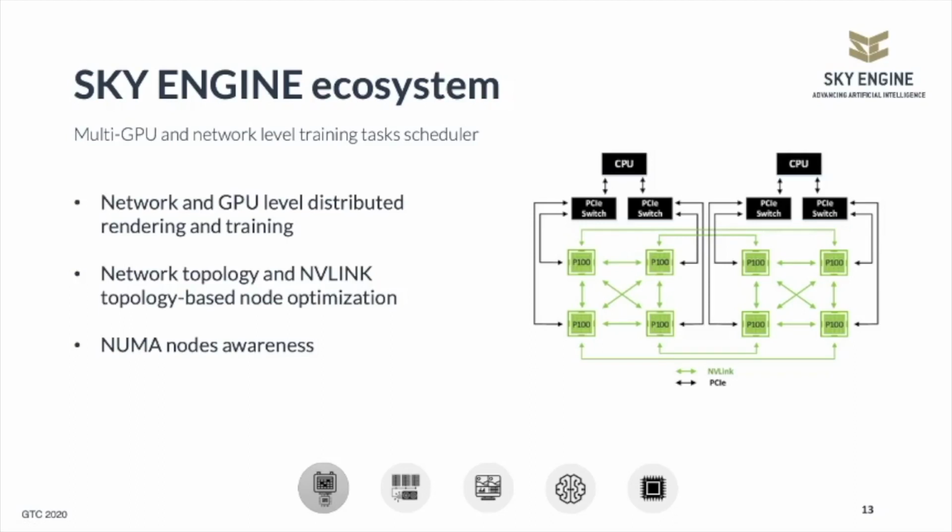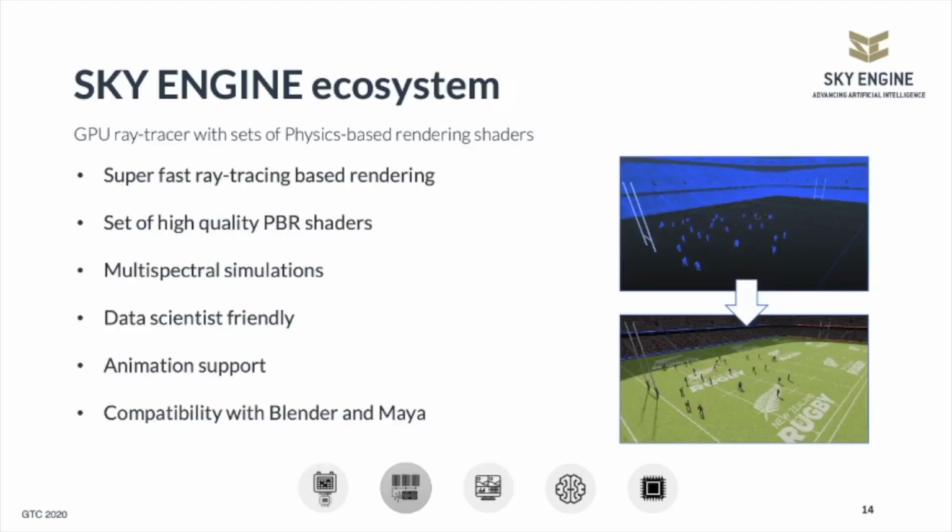For instance, SkyEngine is ready to run also on DGX2 machines, on Power 8 and Power 9 machines. We can figure out the topology of PCIe switches or NVLinks, and we can correctly distribute the rendering part and the training. So a couple of GPUs can do rendering and swap data with other GPUs responsible for training.